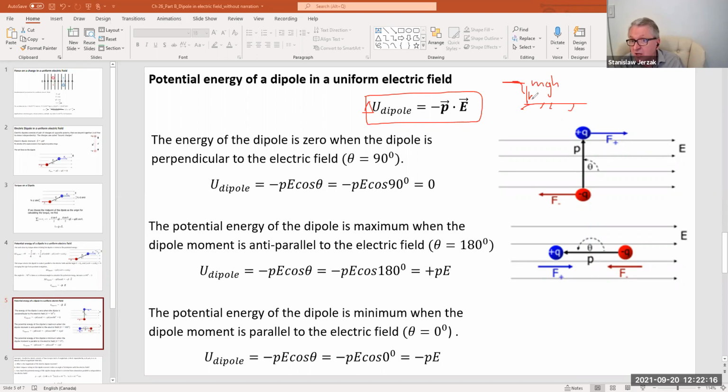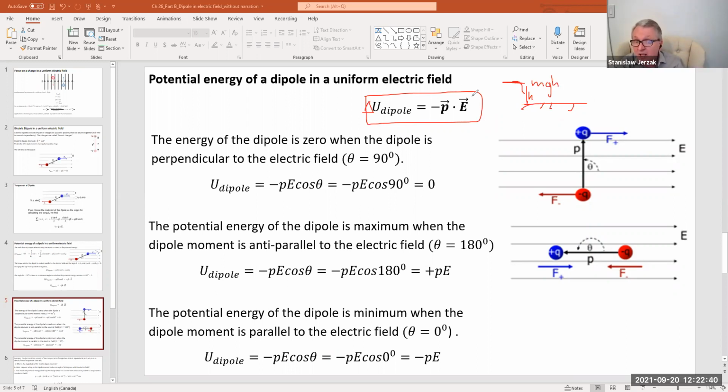So for any type of potential energy, whether electric or gravitational, we can only calculate the difference. But when we calculate the difference, it's convenient to do so relative to a certain reference level. So when you use mgh, usually this is relative to the floor level.